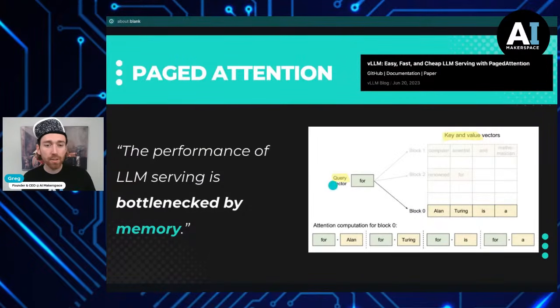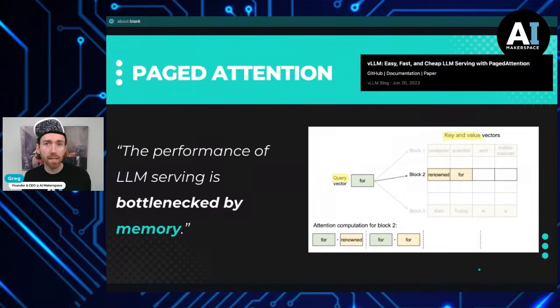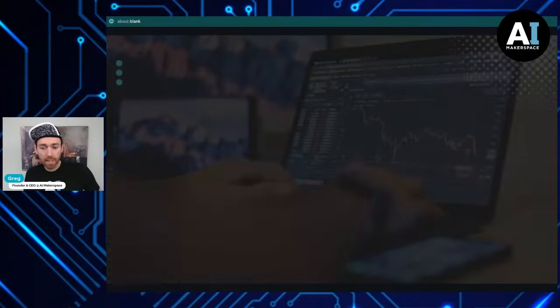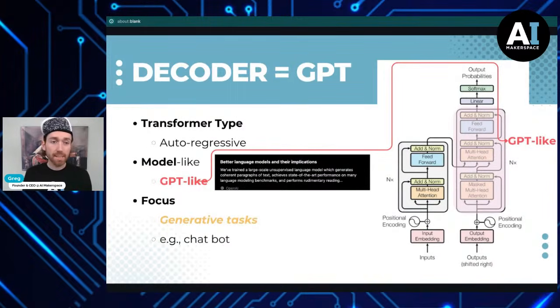And I've highlighted here query, key, and value vectors. So we need to take our first aside here, and we need to go back to some basics of LLMs, ones that are actually used today. The ones used today are mostly decoder-only style or GPT style models.